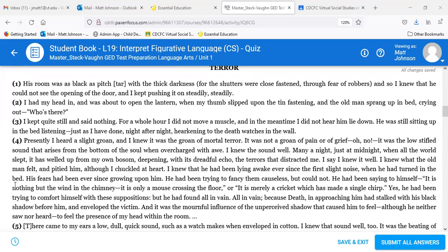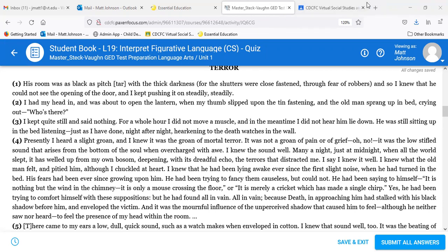Presently, I heard a slight groan, and I knew it was the groan of mortal terror. It was not a groan of pain or of grief. Oh no, it was the low, stifled sound that arises from the bottom of the soul when overcharged with awe. I knew the sound well. Many a night, just at midnight, when all the world slept, it welled up from my own bosom, deepening with its dreadful echo, the terrors that distracted me.